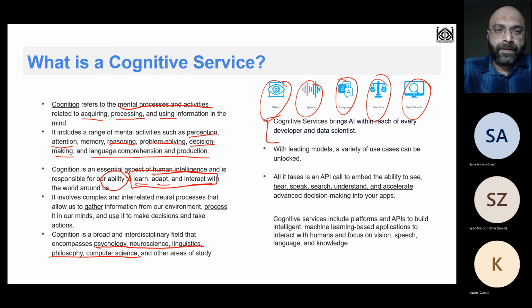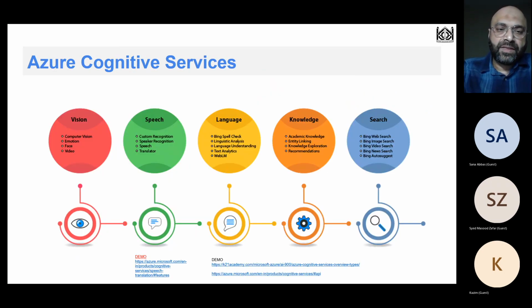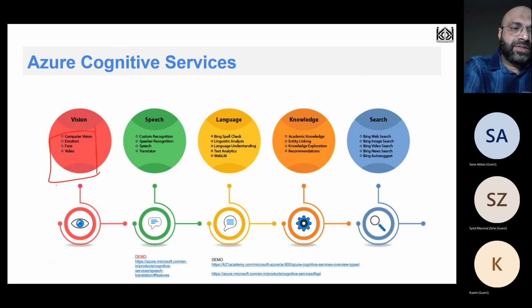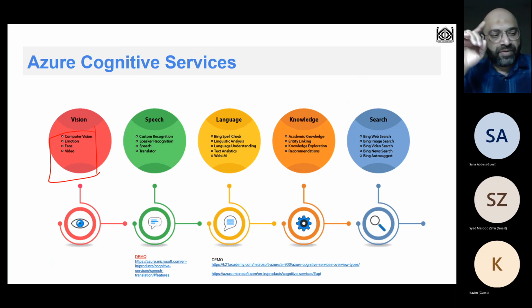All right. So Azure Cognitive Services, as I mentioned, has five or six different areas. You see the vision that covers computer vision, like how a computer sees an object, and emotions. Say, if I'm smiling or speaking or thinking or looking somewhere else, it detects those emotions.